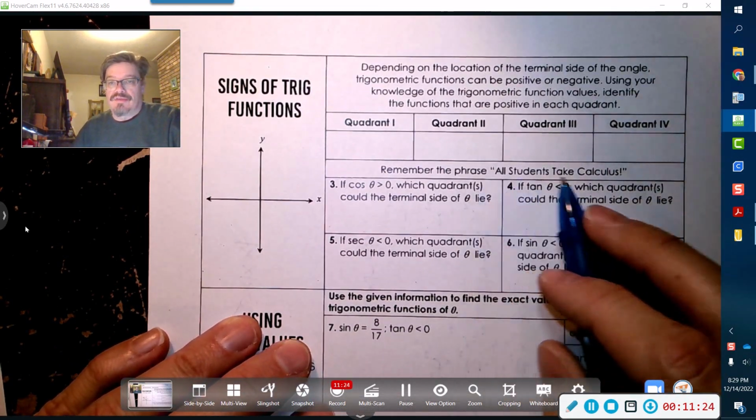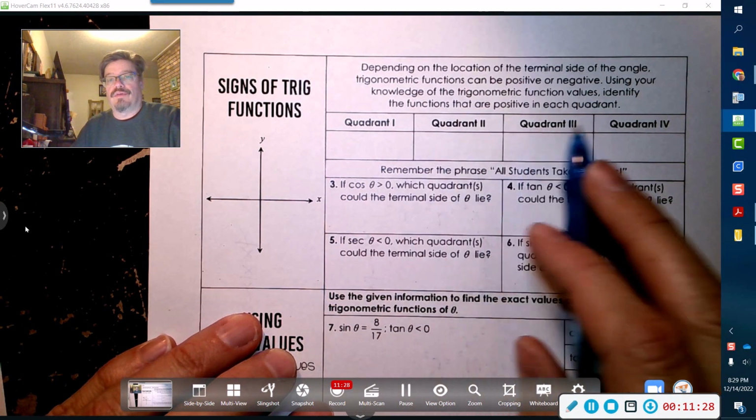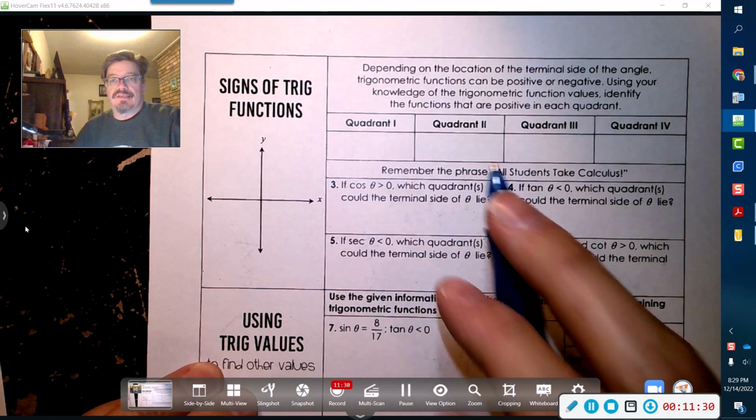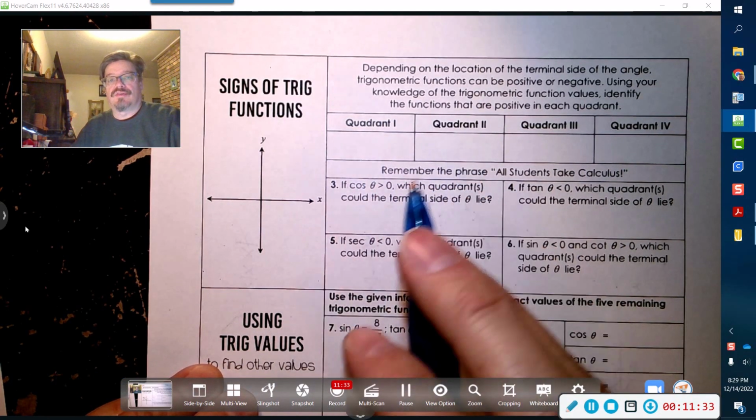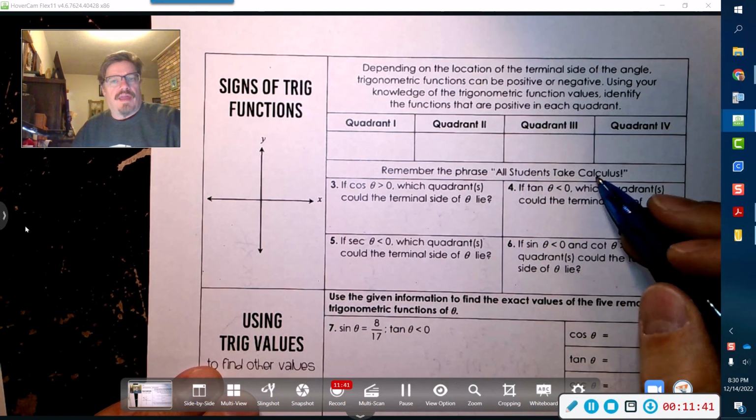It means that if you go from quadrant 1, 2, 3, 4, and you know in which quadrants the trig functions are positive, you'll know when they're negative as well. This will tell you where they are positive.